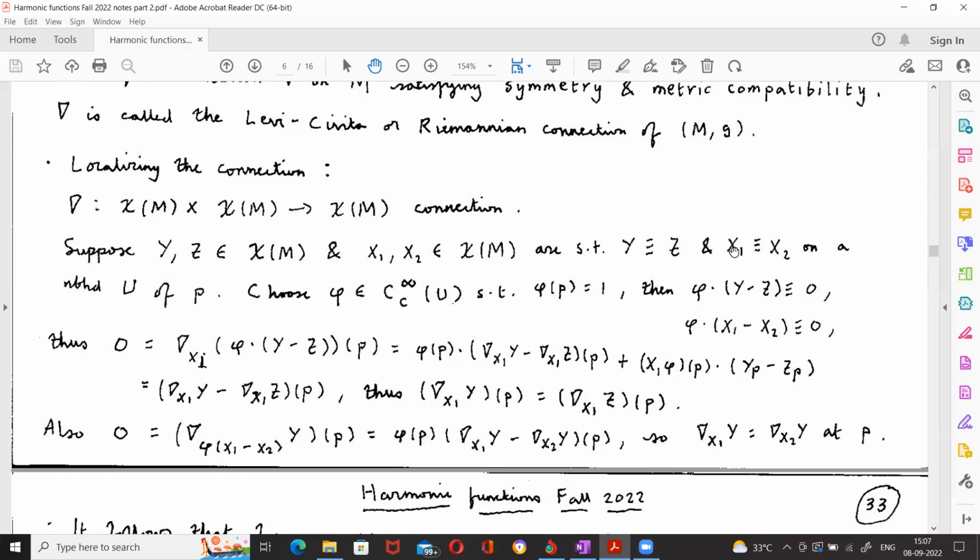That's what I want to show, and that will let me localize the connection.